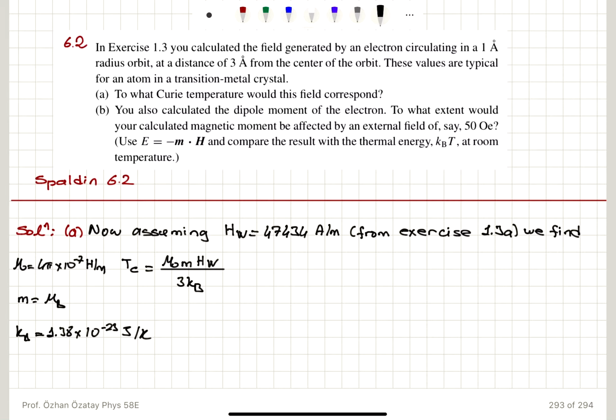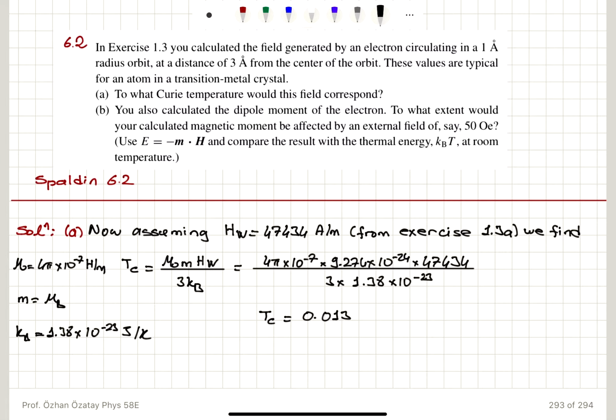So substituting these numbers here, 4 pi 10 to minus 7, Bohr magneton 9.274 10 to minus 24, the Weiss molecular field 47,434, divided by 3 times 1.38 times 10 to minus 23, this gives us a Curie temperature of 0.013 Kelvin.